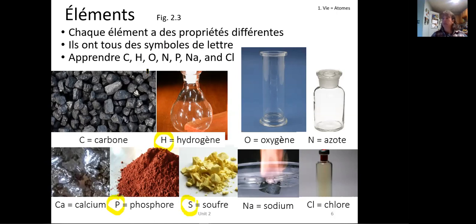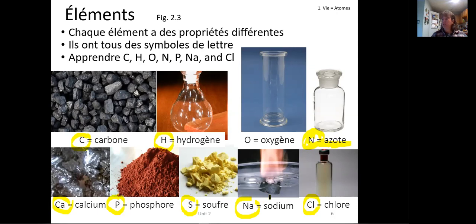So these elements on this page, I want you to learn their symbols. You need to know Na is sodium, Cl is chlorine, N is nitrogen. So either in English or in Creole or French, N is nitrogen. In French, we say azote. But in English, it's nitrogen, which starts with the letter N.